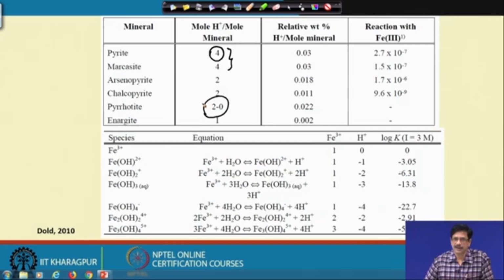If there are very fine grained, rhomboidal types of pyrite, they generate more acid and get oxidized much faster, in terms of the rate of the reactions and the generation of acidity. Enargite, which is a copper sulphide, gives only 1 mole of hydrogen, and minerals like galena and sphalerite are almost negligible contributors to acid mine drainage.